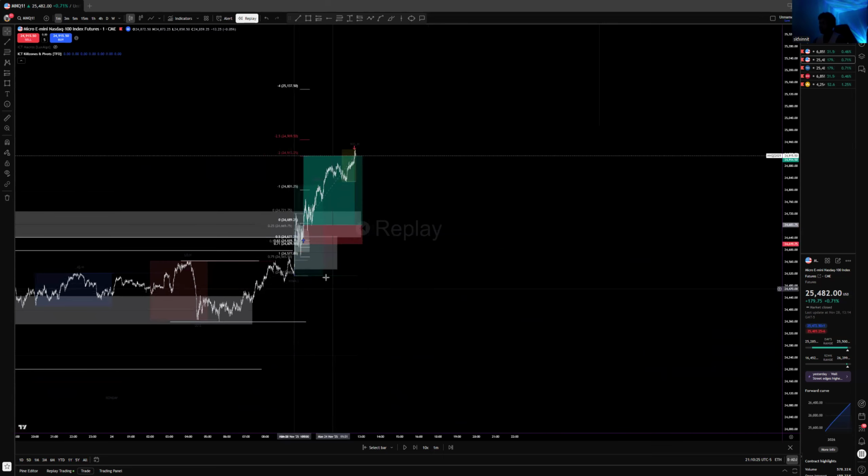But here's what the price action did on Monday. I would not even be holding this trade after London, I mean, after the session.